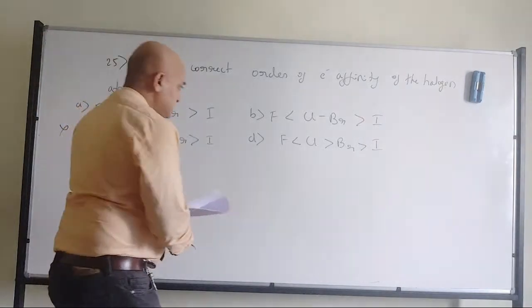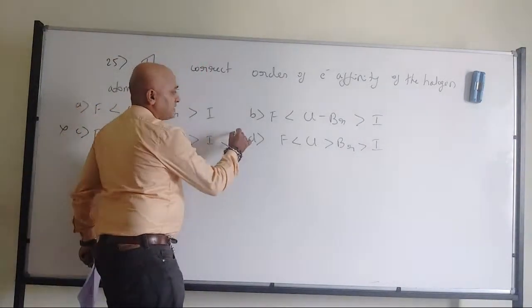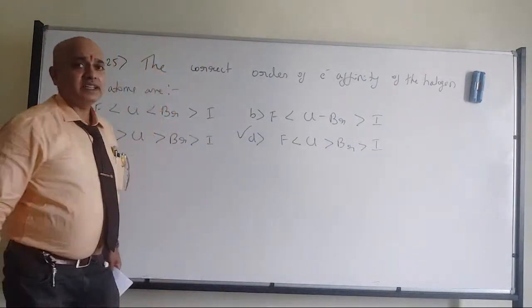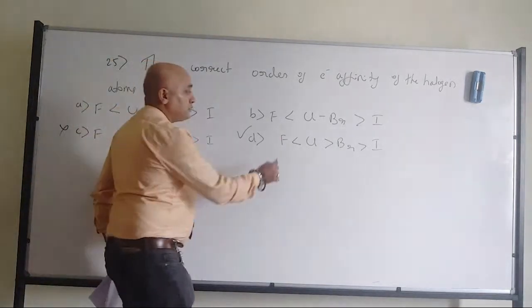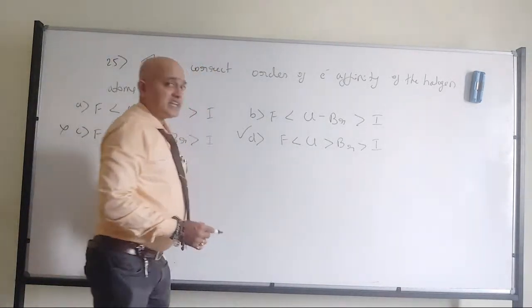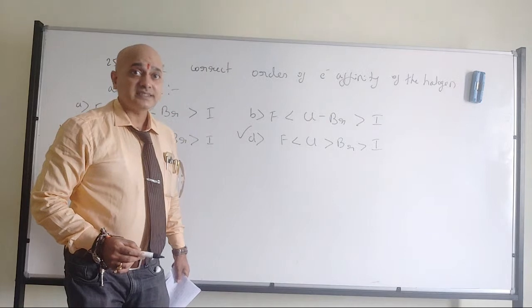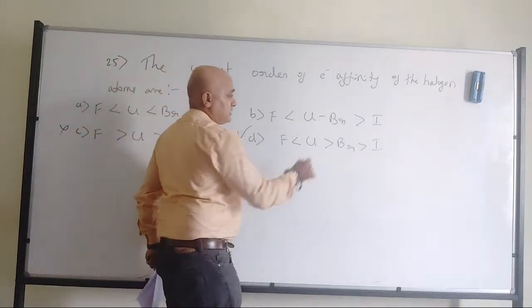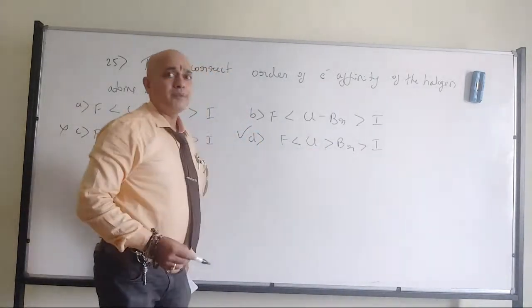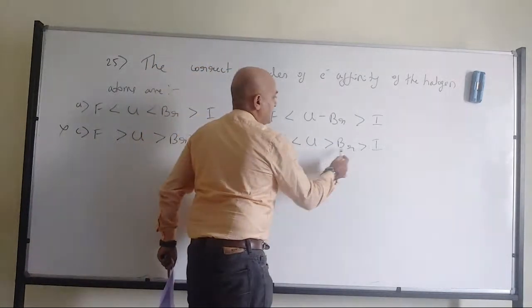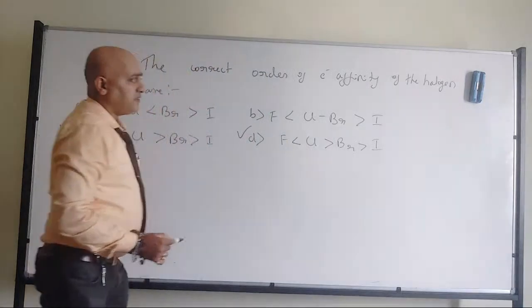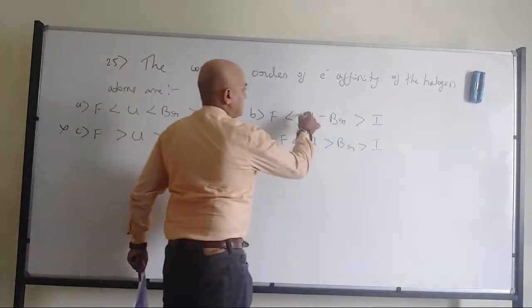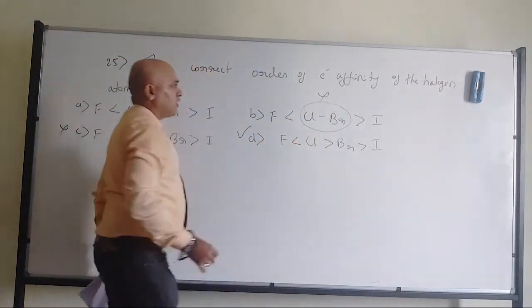So if I consider electron gaining, option D should be the answer, because although fluorine has higher electronegativity, it has less potential for gaining an electron compared to chlorine. So chlorine is the one which will dominate. Option B cannot be the one, because chlorine and bromine cannot be equal.